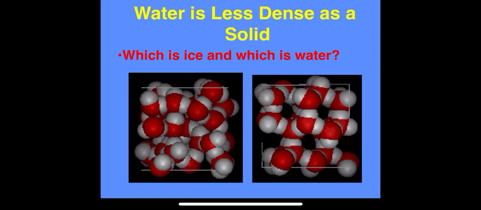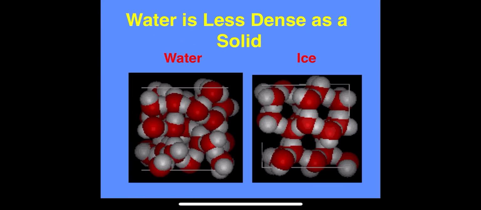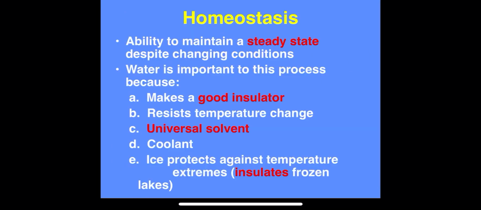Water is less dense as a solid, which is ice, as shown in the figure. As you can see, the less dense one is on the right side of the figure. The ice here is the one on the right side.